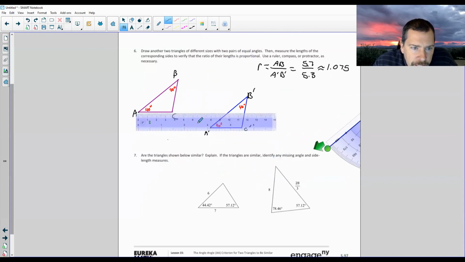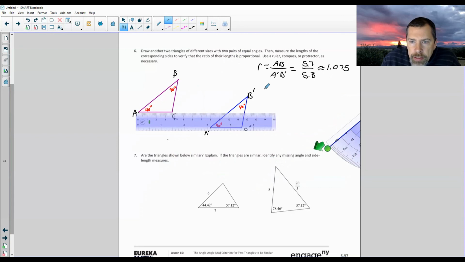So I'm going to measure AC, which looks like it's 38 millimeters. Okay, 3.8.